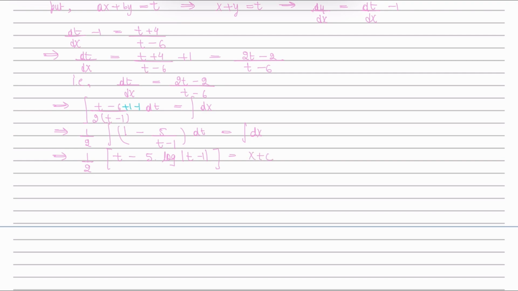Back substituting the value of t here, this becomes half of (x plus y minus 5 log(x plus y minus 1)) equals x plus c, which is the required solution of the given problem.